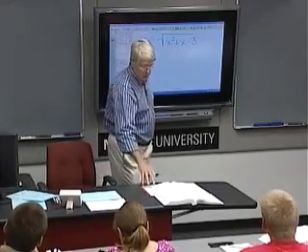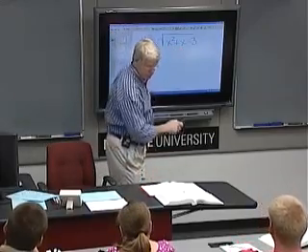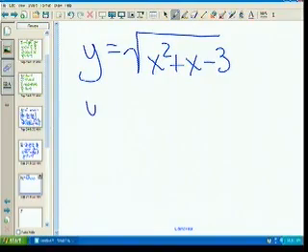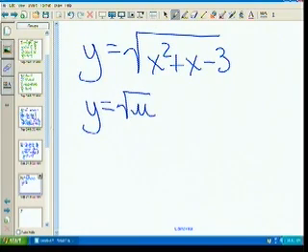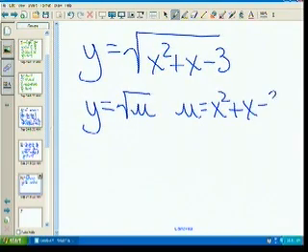So if we wanted to split this out, we could have y equals the square root of u. That's our outside function. We're going to take the square root of whatever is inside, and then there's the inside function.